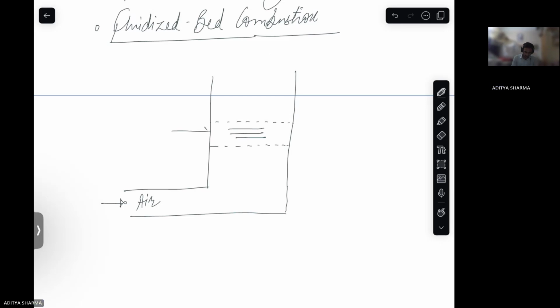Your fuel is fed from here. Then one more thing is also present here, something like this, okay? And this again goes to here.